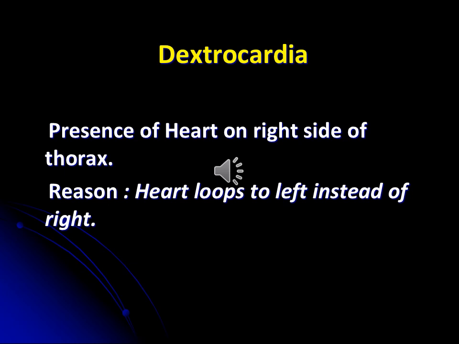Dextro means right, levo means left. Very few places in anatomy are these two adjectives used, and here is one. It is called dextrocardia. It is also a congenital anomaly. It's a rotation problem, malrotation rather, and there is nothing wrong with these people.